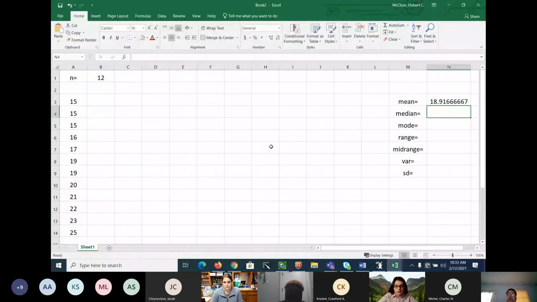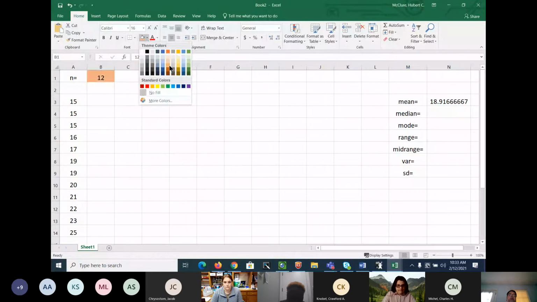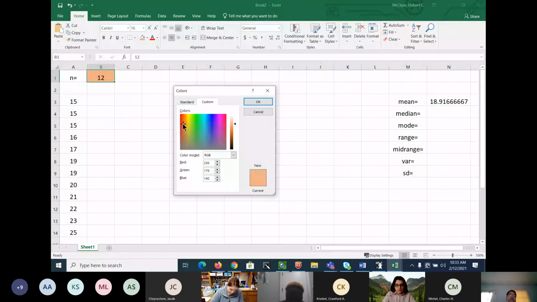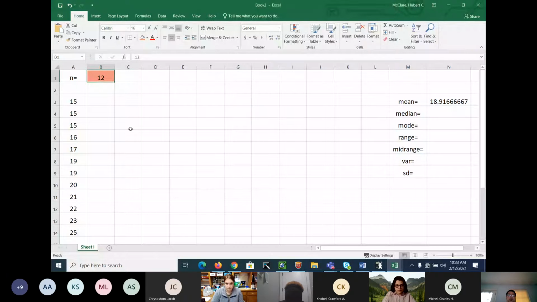Okay. Now, median. I'm going to highlight this 12 in a dark red. Why am I coloring it red? Anybody want to take a guess? Because you just don't pick the middle number when n is even.